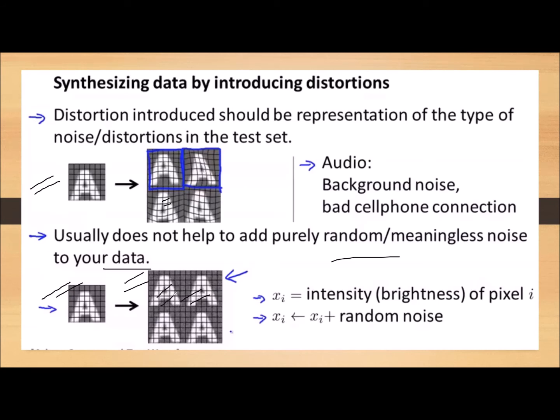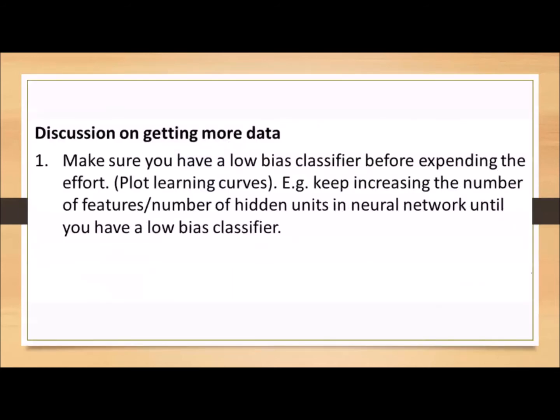So if we give a similar image, this will be of no use. Our supervised learning algorithm treats all these images as the same image. Adding simple random noise may not give proper artificially synthesized data. We have to remember that also.